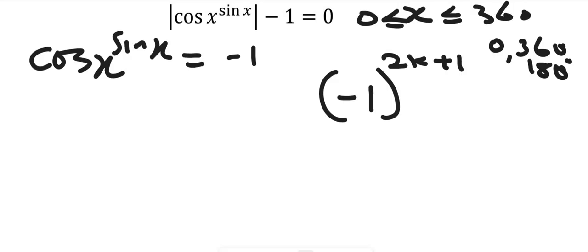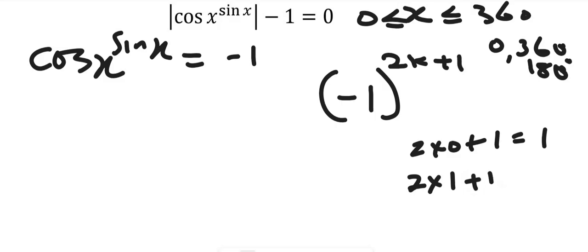So the power should be odd number, where k are numbers from 0 to infinity and from 0 to negative infinity, which implies that k can be 0, can be 1. If k is 0, 2 times 0 plus 1, this is 1. Also, if k is 1, 2 times 1 plus 1, this will be 3. So it can be natural numbers.